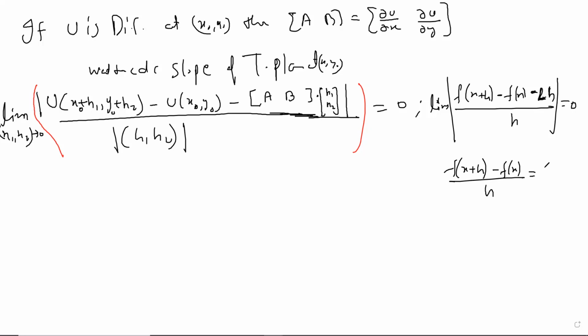X is fixed here. You can say this is a function of h. Fix the x, it's a function of h. Then how do you define this function at 0? You define it to be f dashed x.